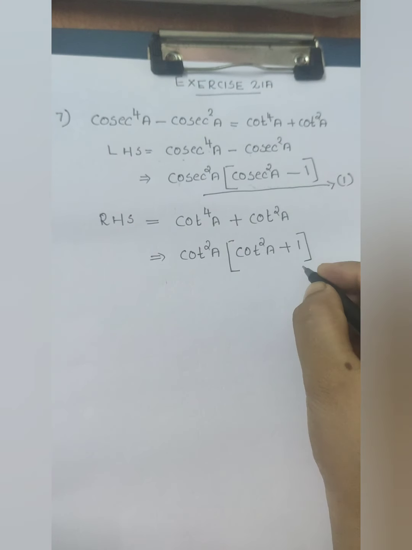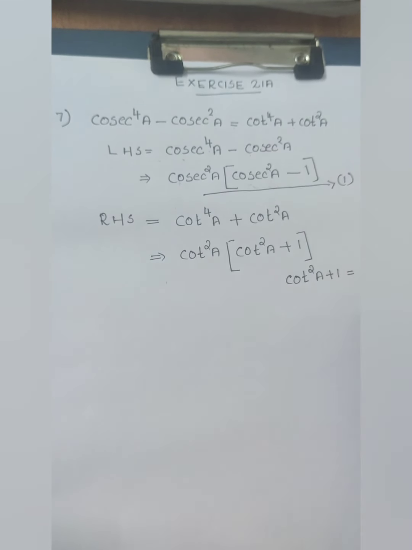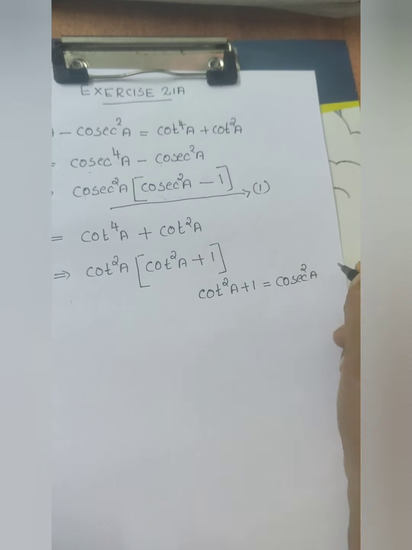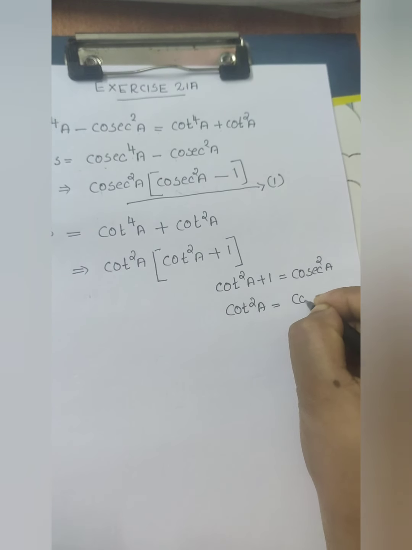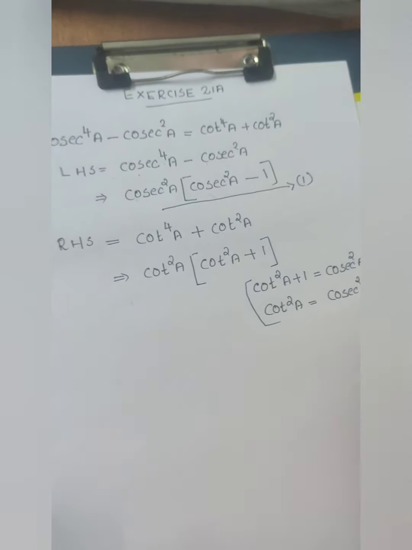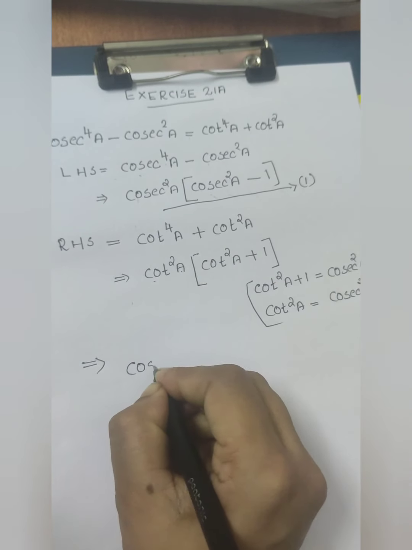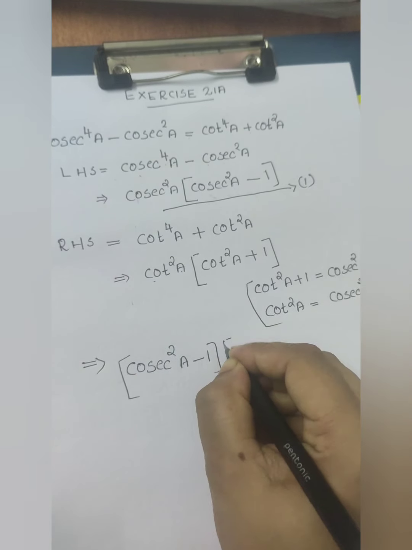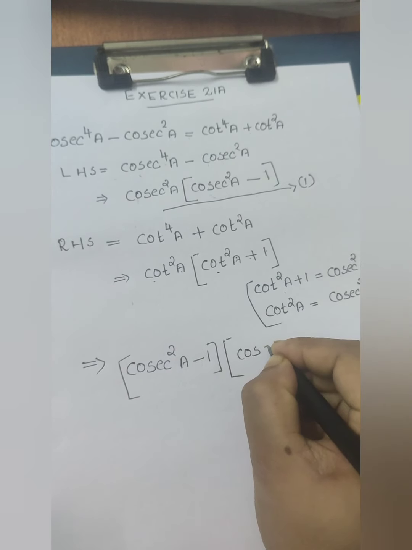Now from the square relationship, we have cot square a plus 1 equal to cosec square a, or cot square a equal to cosec square a minus 1. Now instead of cot square a, we can write cosec square a minus 1 into, instead of cot square a plus 1, we can write cosec square a.